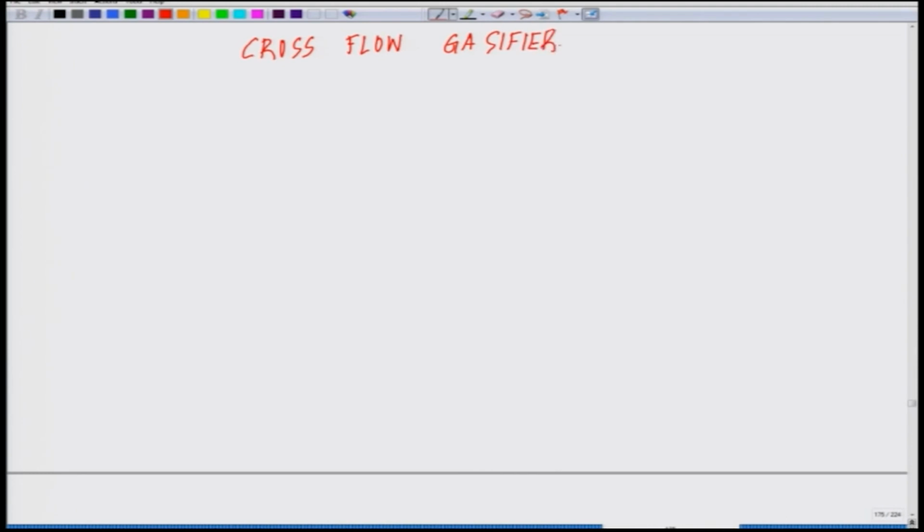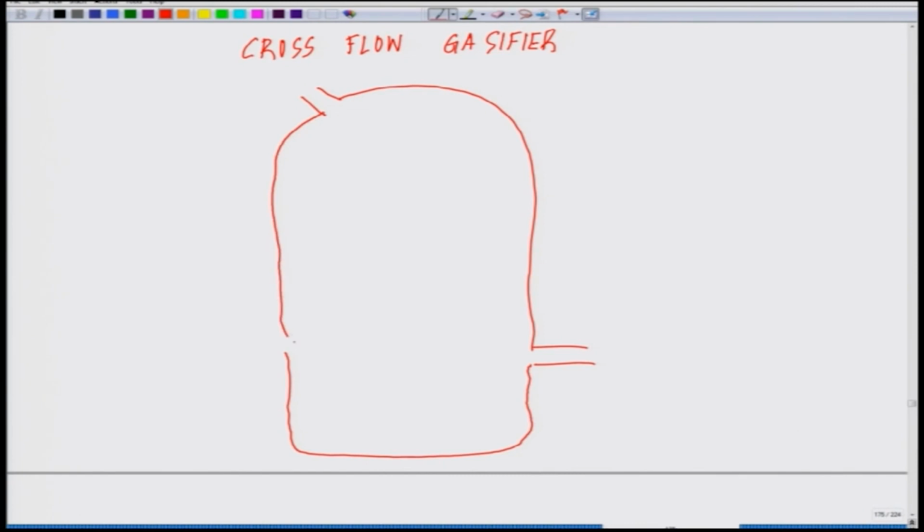So, the schematic of the cross flow gasifier is something like this. Here is the entry port for air, and at the same level you have the exit port for the gas.